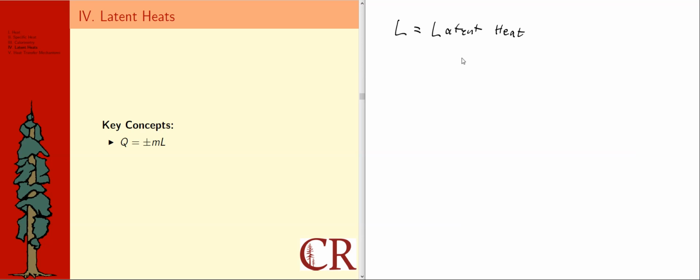And our first example is going to be similar to what I just described. So in that sense, this latent heat is just another ingredient for calculating the total amount of heat for a process that involves a substance going from one temperature to another, but where maybe somewhere in between there is also a phase change that happened.